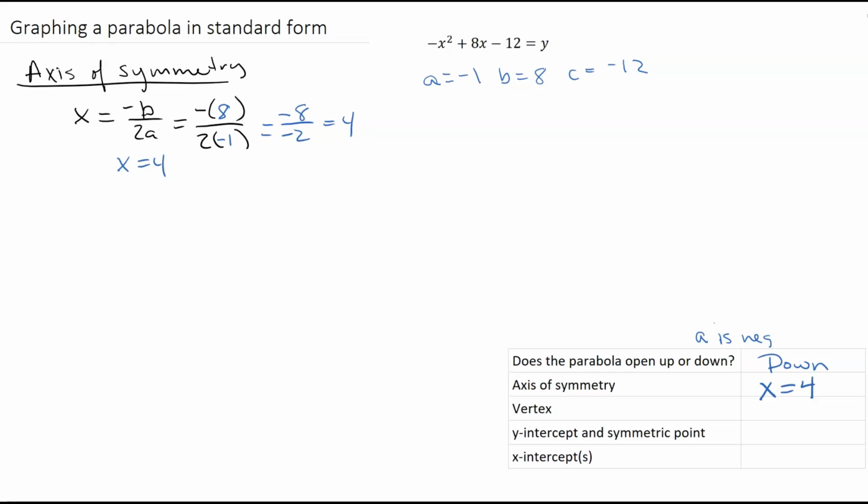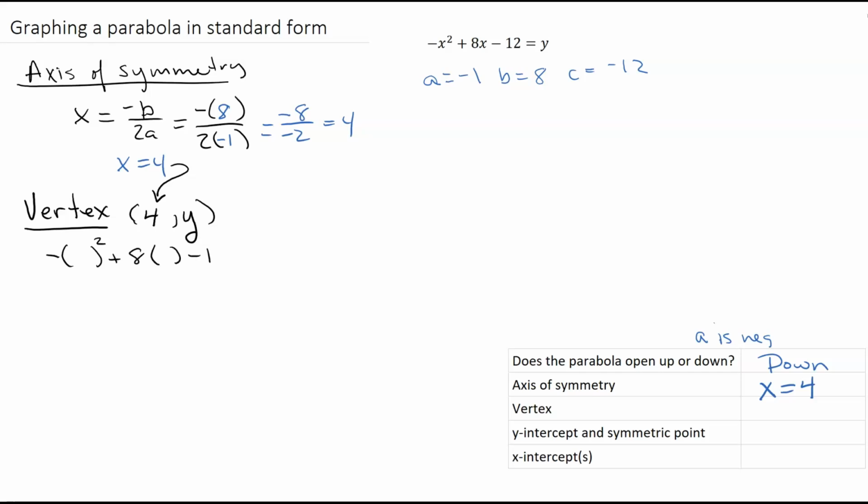The next thing I want to look for is my vertex. And the vertex always follows along the axis of symmetry. So the x-coordinate of the vertex is also negative b over 2a. So the number I just found, in this case 4. Then I want to go ahead and find the y-coordinate that goes with that. So I take my original equation, and in place of x, I'm going to use my value of 4.